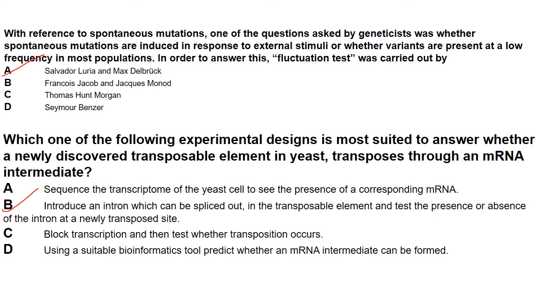Then which one of the following experimental design is most suited to answer whether a newly discovered transposable element in yeast transposes through an mRNA intermediate? So retrotransposons transpose from one position to another in the cellular genome by means of an RNA intermediate.